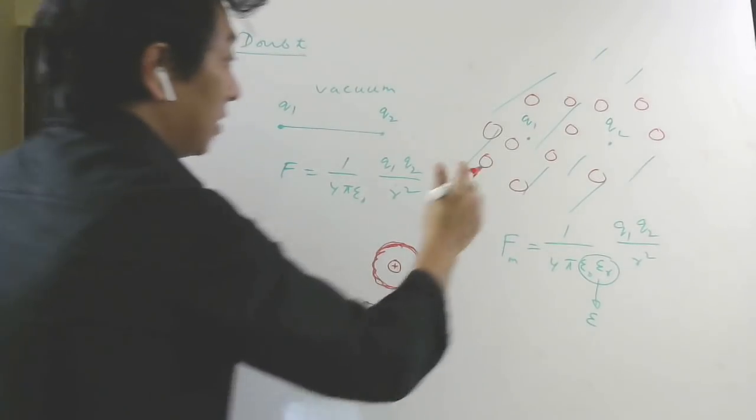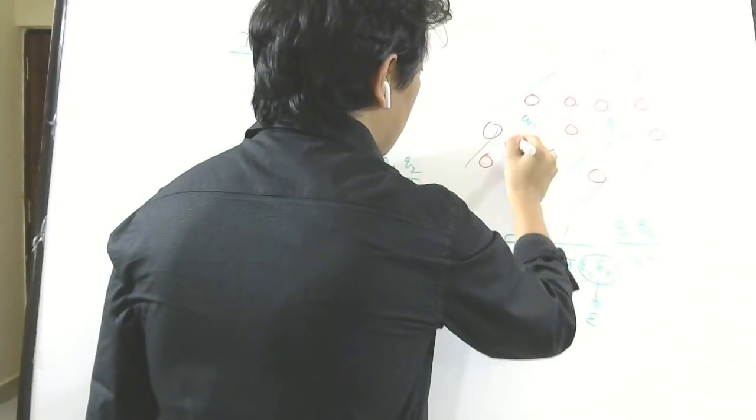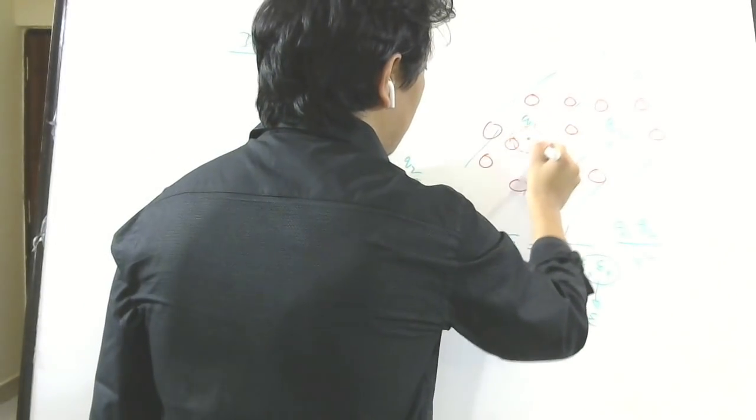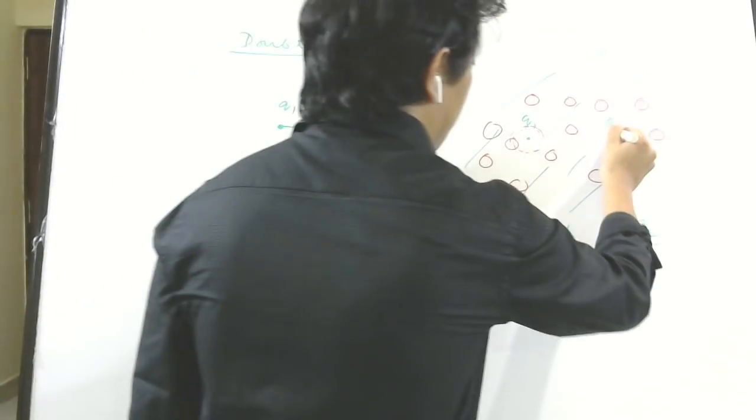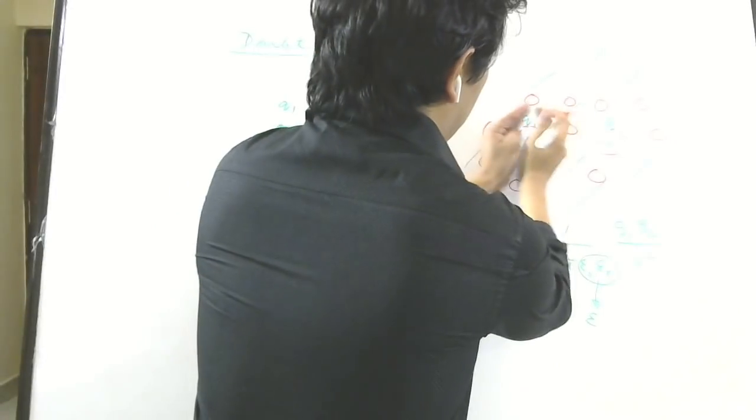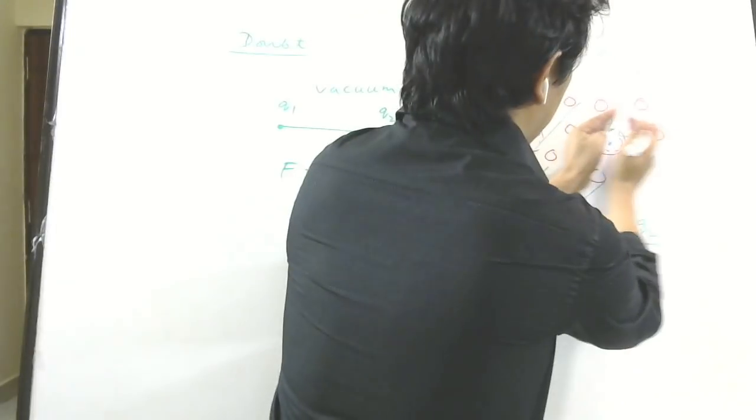This shifting of the electron cloud will, in a way, surround this charge. And the same thing happens here also. So negative charges will come nearer, positive charges will be outside. Similarly here, negative charges will come nearer, positive charges will be outside.